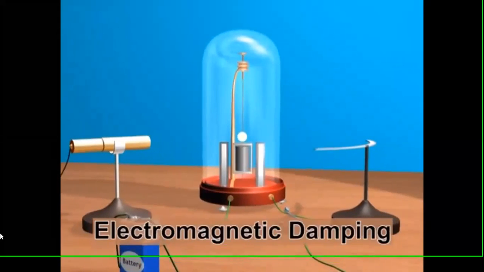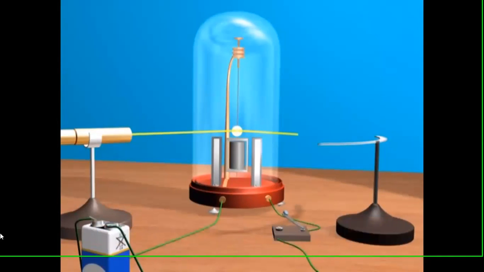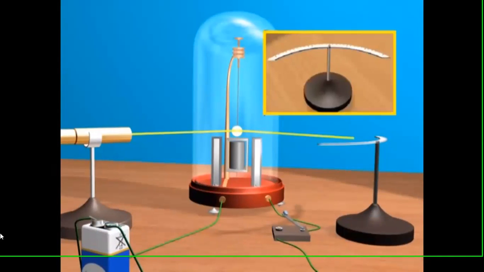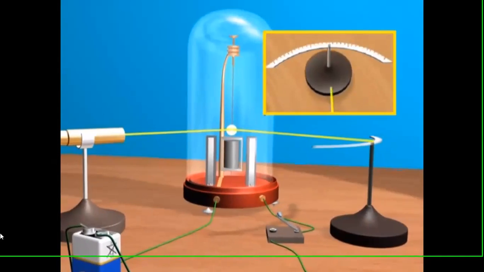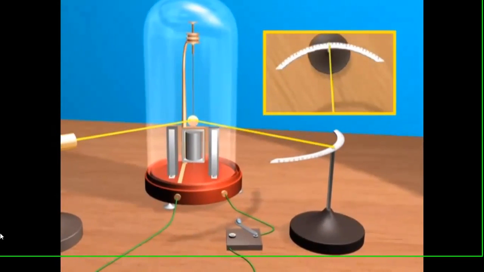Electromagnetic damping. Here, the oscillations of a moving coil galvanometer take a long time to die out. The oscillations of the coil of a galvanometer can also be stopped by short-circuiting the two ends of the coil through a tapping key.